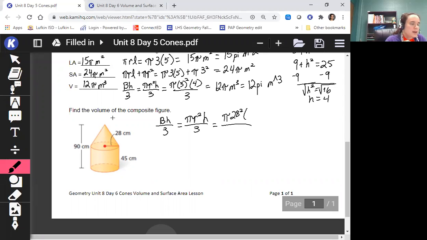Okay, now we have our whole height is 90 and our height for just the cylinder is 45, which means that the height for the cone is also 45 because 90 minus 45 is 45. So our height of 45 divided by 3.